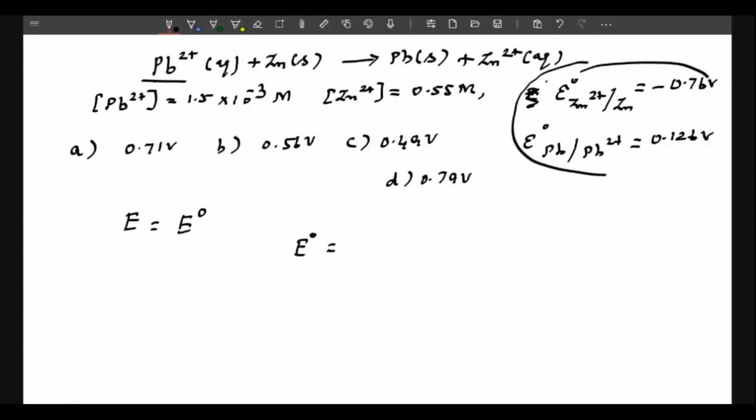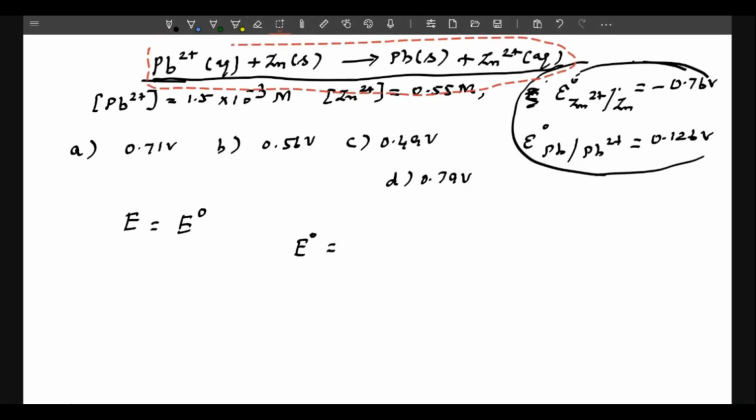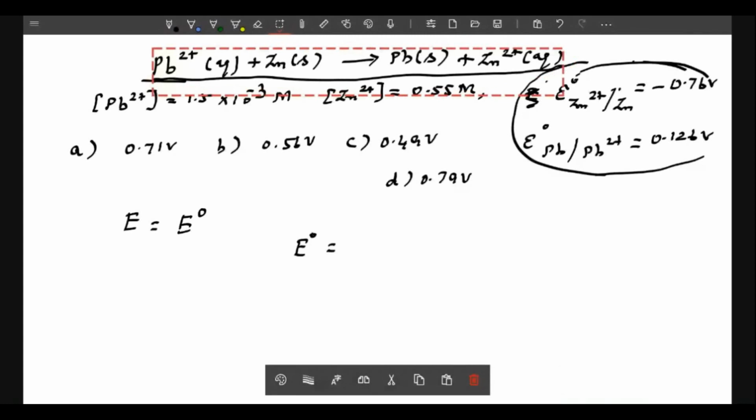You have been given the electrode potentials; how to make use of them, which is the anode, which is the cathode. Take it from the equation, find out from the equation which is the cathode and which is the anode. Which is the anode here from the equation?